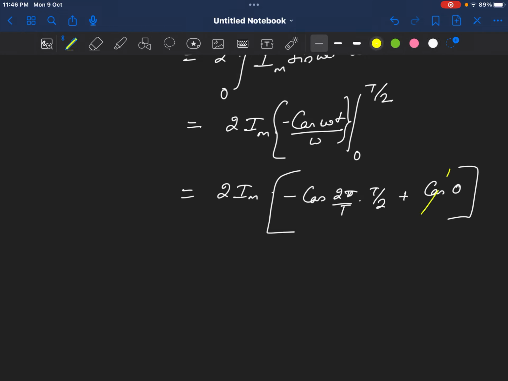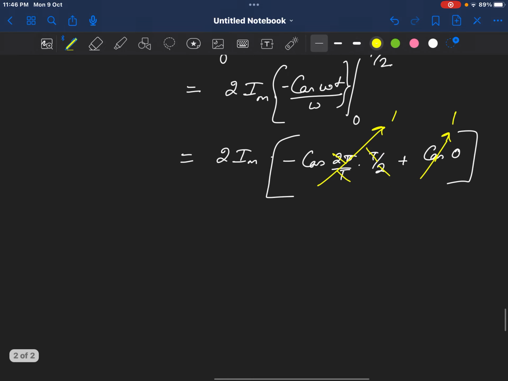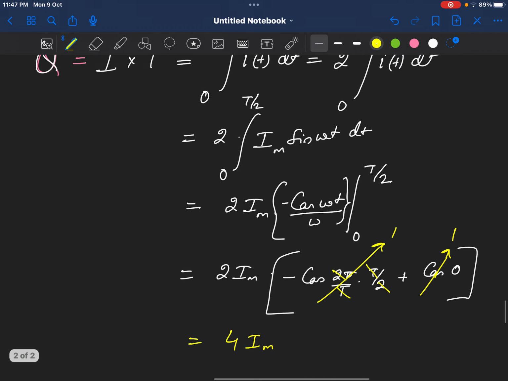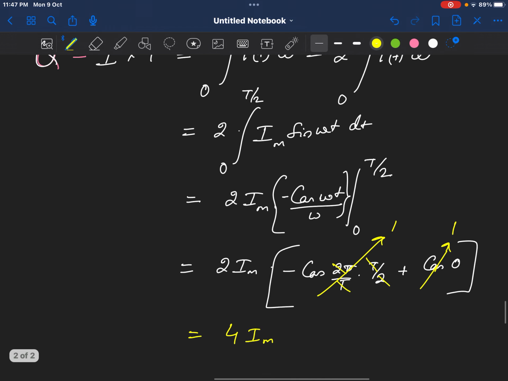We know that cos 0 gives 1, and the 2 and 2 cancel, t and t cancel, cos of pi is minus 1, so this will also lead to 1. So 1 plus 1 is 2. So what we get is 4 Im. This is the value we are getting here.